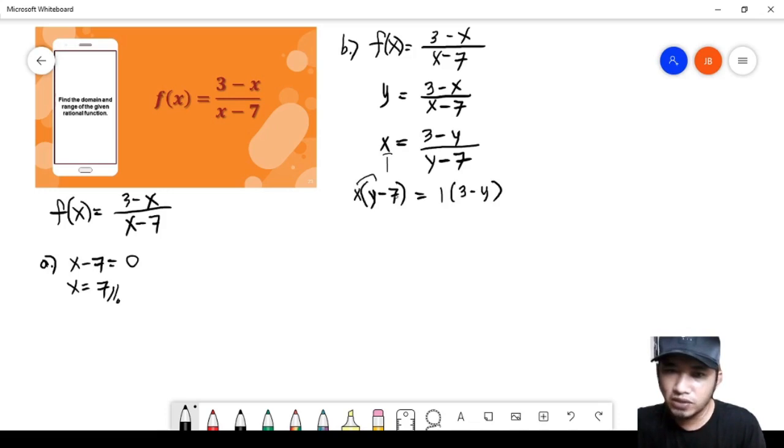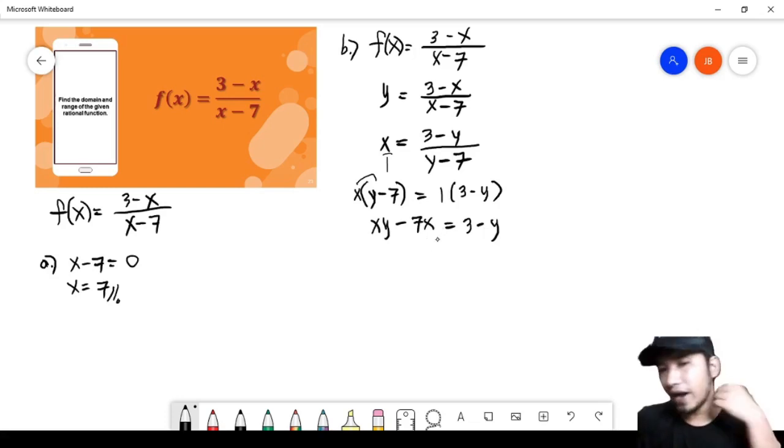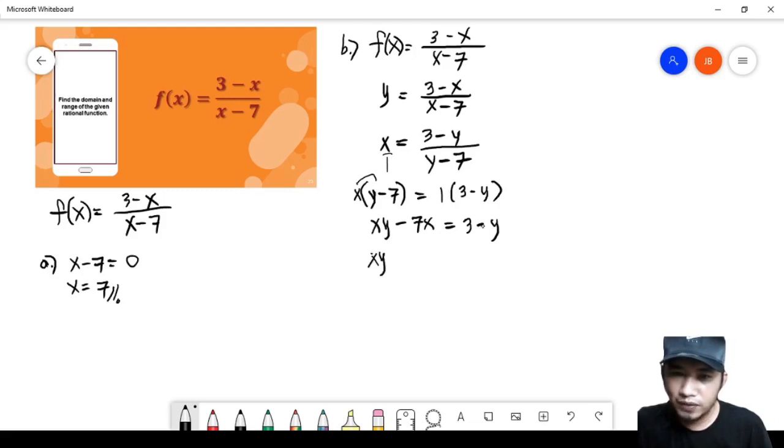Okay, so x multiplied to y is xy, and then x multiplied to negative 7 is negative 7x is equal to 3 minus y. Alright? So, pag sama-samahin ng merong y, that is xy, negative y here, lilipat sa kabila, magiging positive y is equal to 3 negative 7x, magiging positive 7x.